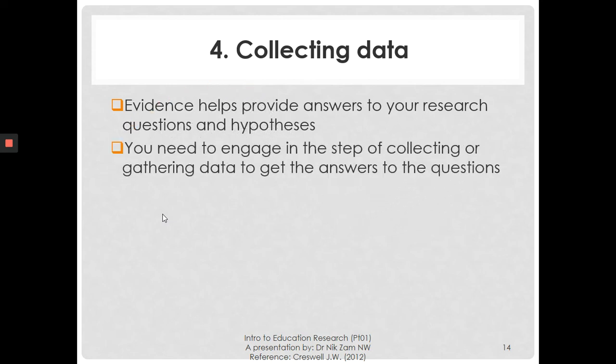Okay, you need to engage in the step of collecting or gathering data to get the answer to the question. So, if you are looking for influencing factors, for example, what are the factors that influence student involvement in open and distance learning? What influences student absence or involvement in open and distance learning, for example.